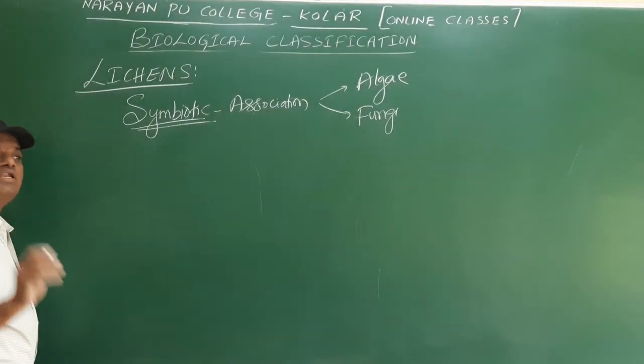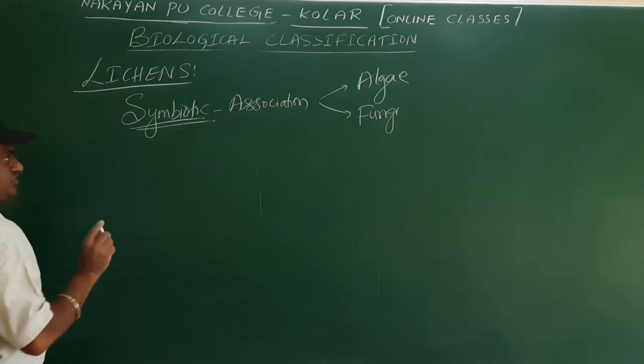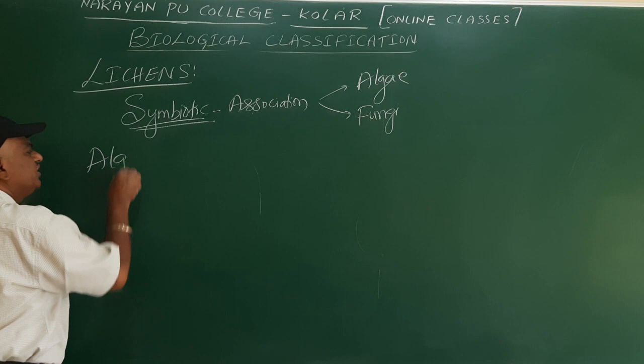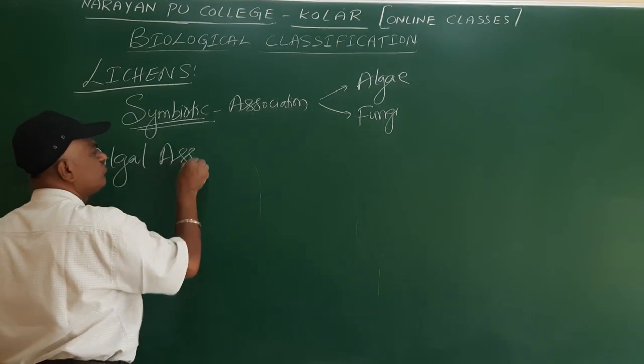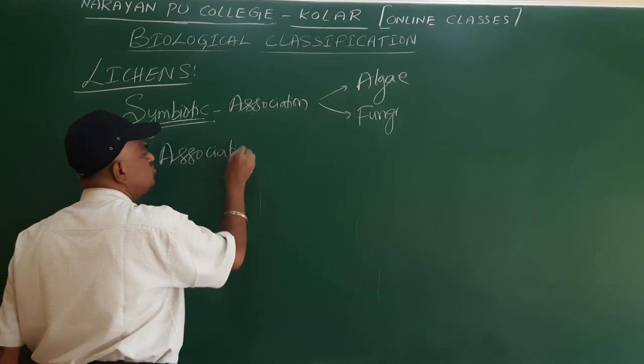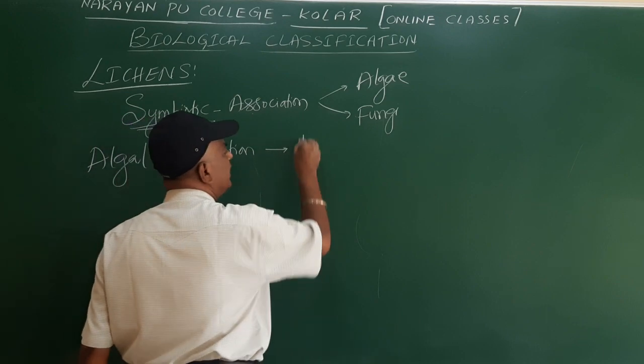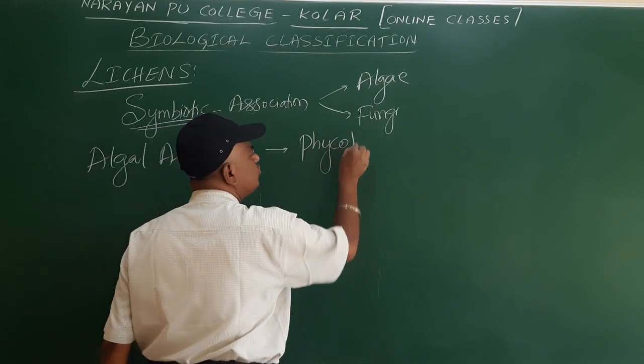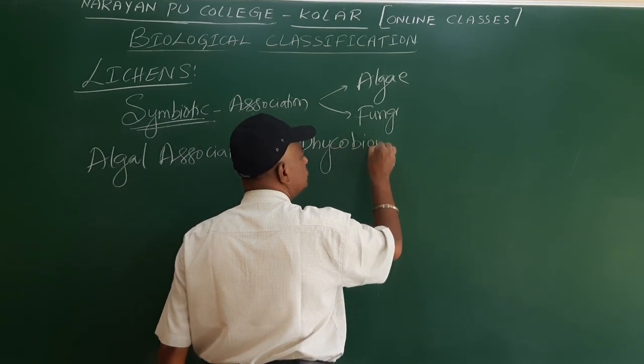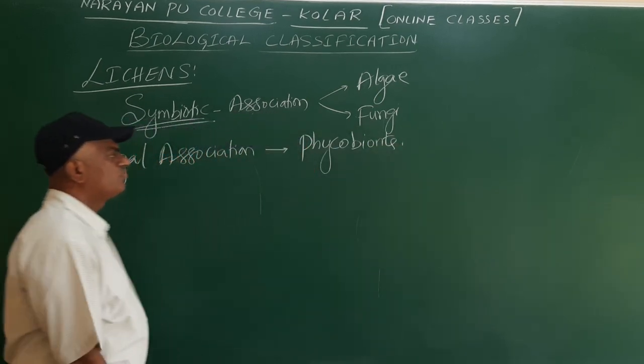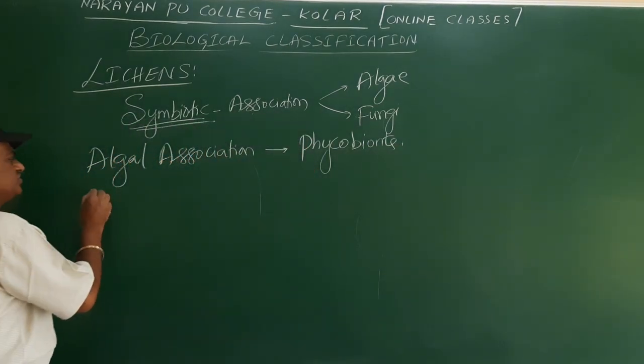Now the algal association with the lichens is called phycobionts.